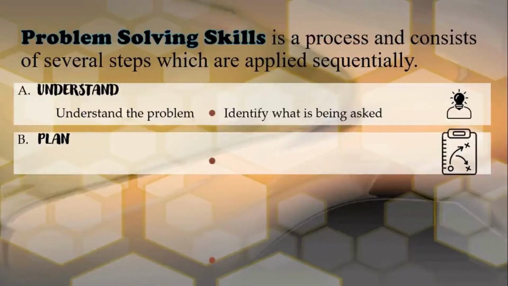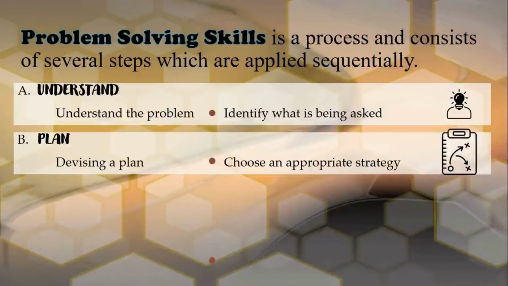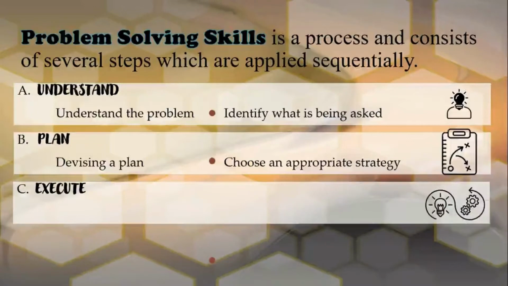Letter B is to plan. Devising a plan and choose an appropriate strategy. Some strategies can be drawing a picture, use a model or formulas, and so on. The third step is to execute.